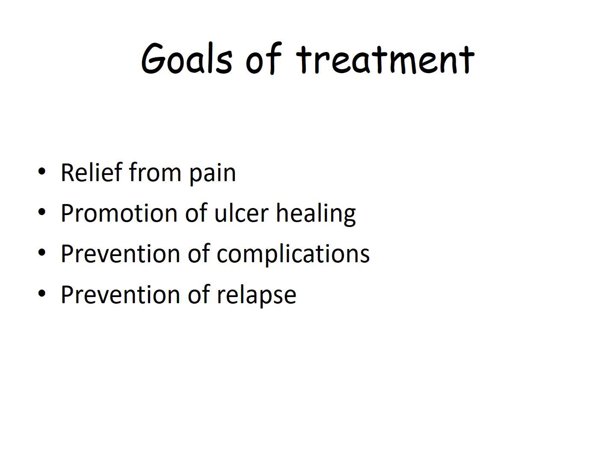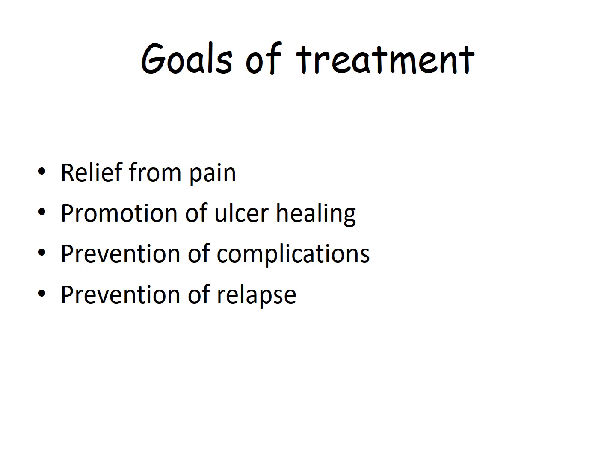Now we move to the treatment part. So we have some goals for the treatment. The main problem in a peptic ulcer patient is that they will be having abdominal pain. Intra-abdominal pain will be their main complaint. So the first goal is to relieve that pain.